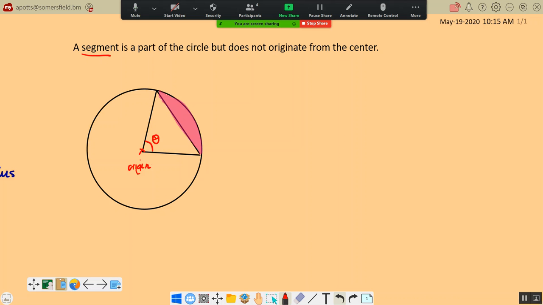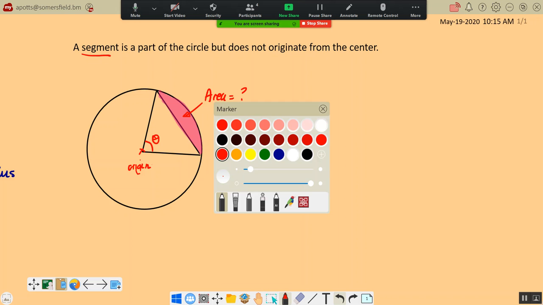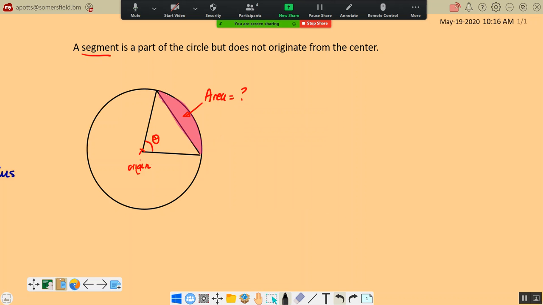Now, without going through it too much in detail, could you see a process for which you could potentially find this area? Is there any way of finding the area of that? I don't want a definite formula or anything, just a general process.